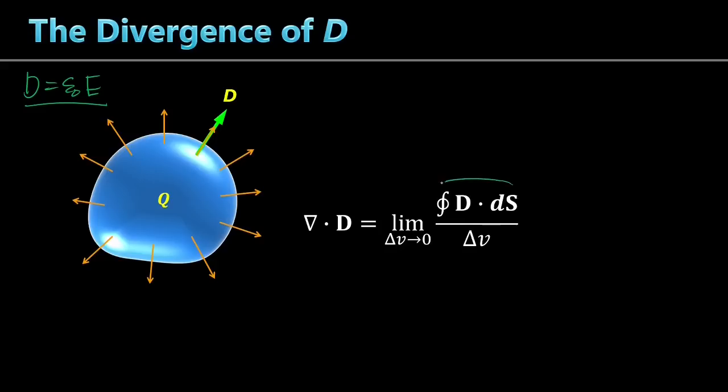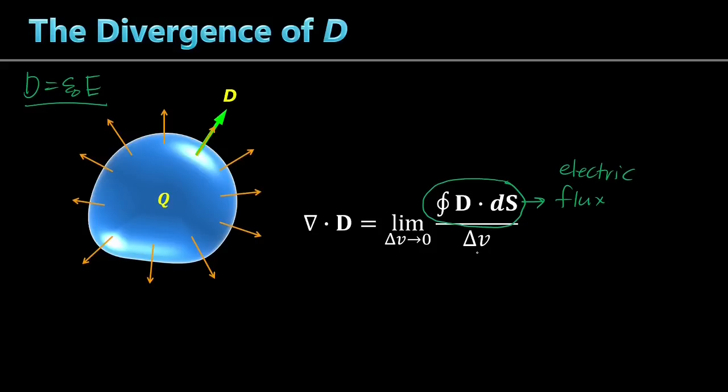So once again, this numerator represents the flux of this vector. What is the flux of D? The flux of D is electric flux. So this means that this quantity is electric flux divided by the volume.